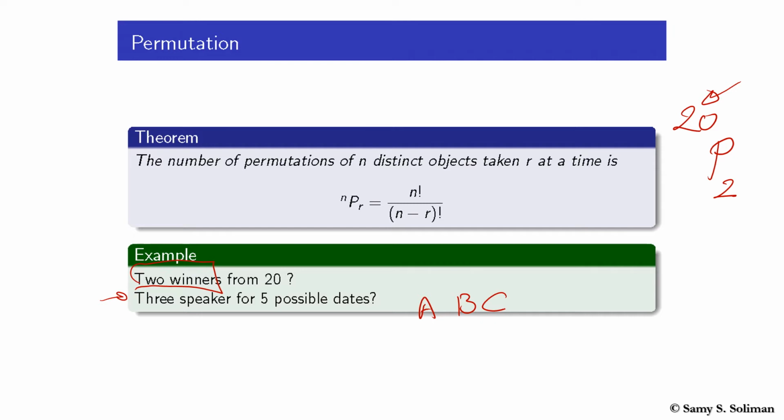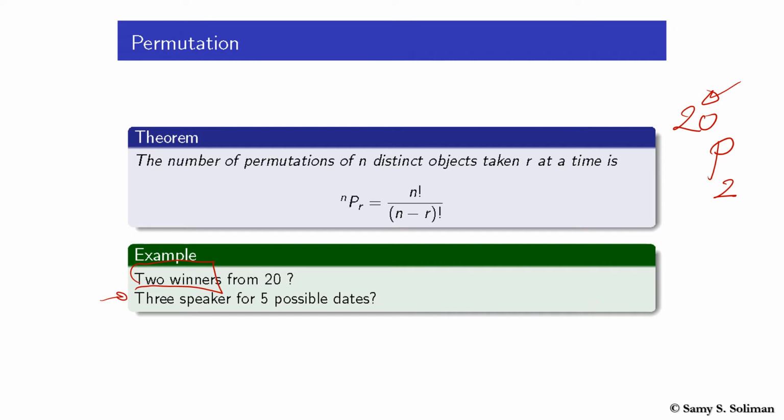Choosing 3 of those 5 dates will be the first task. However, assigning each of those dates to one of the speakers, this is what makes those dates distinct from each other. Let's put it in simpler words.